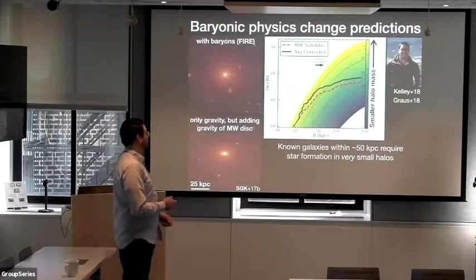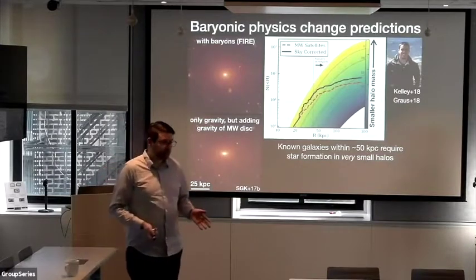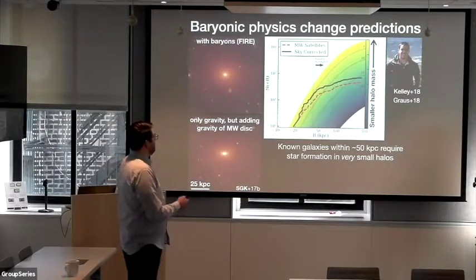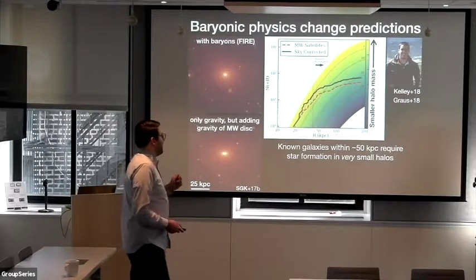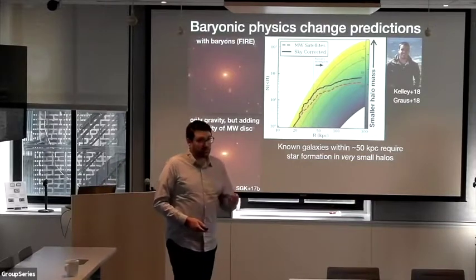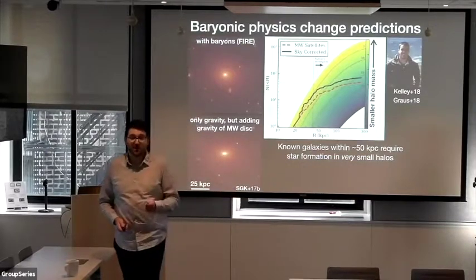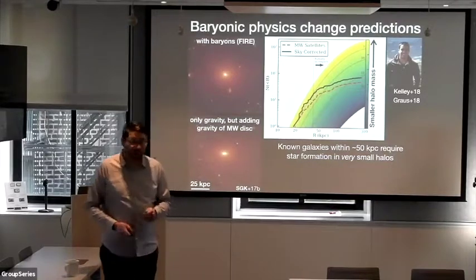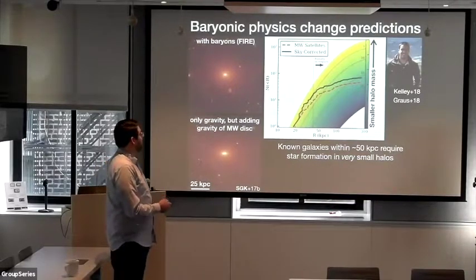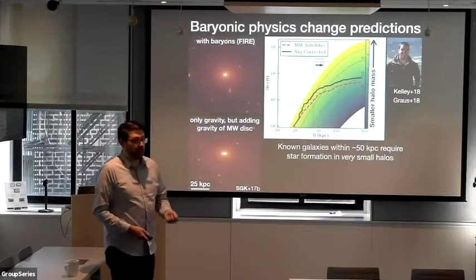In black, if you correct for sky coverage effectively. And then the colored lines are showing the radial distribution of different subhalo masses in this simulation, where more yellow basically indicates a smaller subhalo mass.